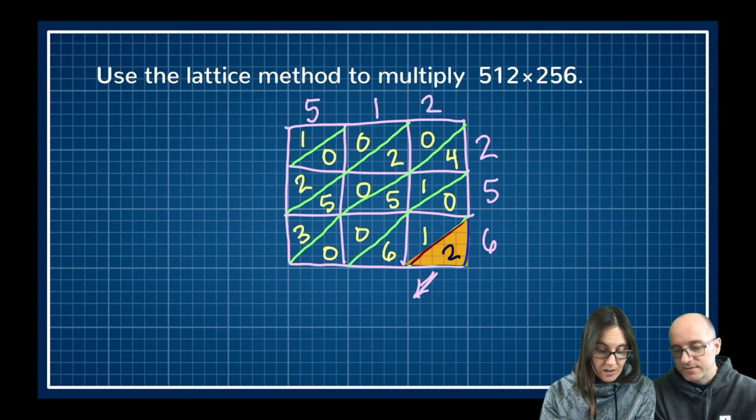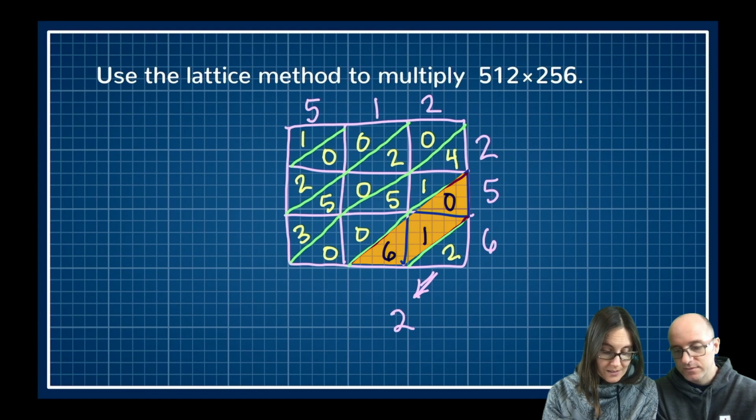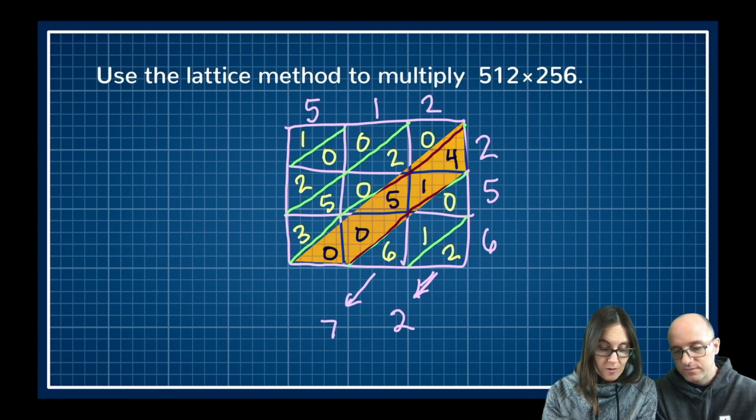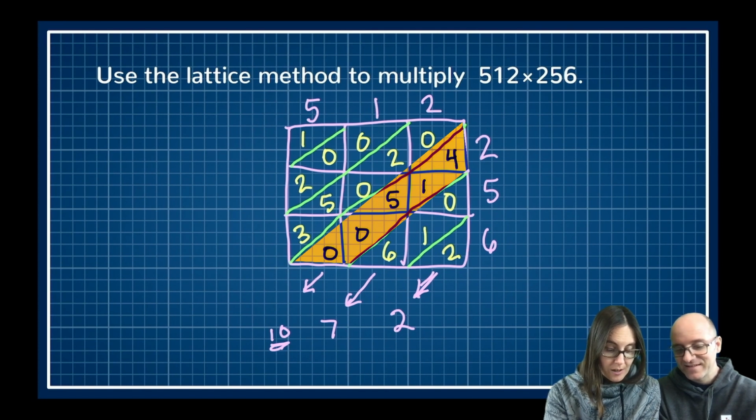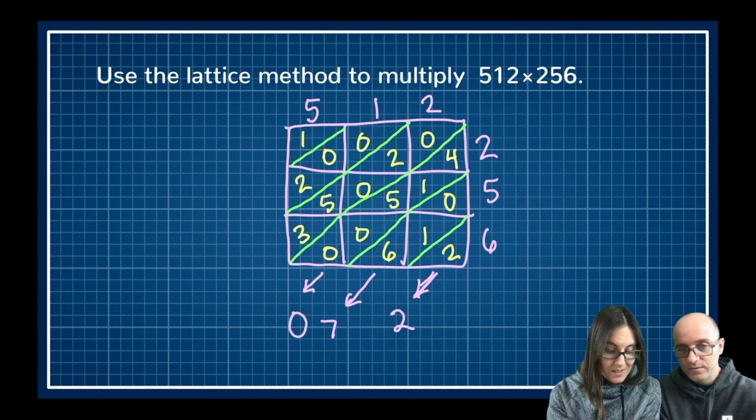So 2 plus nothing is 2. 1 plus 6 is 7. 5 plus 4 plus 1 is 10. And if I have a 10 here, I can't just leave the 10 down there. I've got to split it up and carry the 1 just like I would in regular multiplication. So this becomes a 0, and the 1 goes in this diagonal row right here.